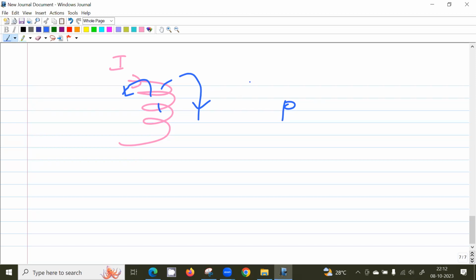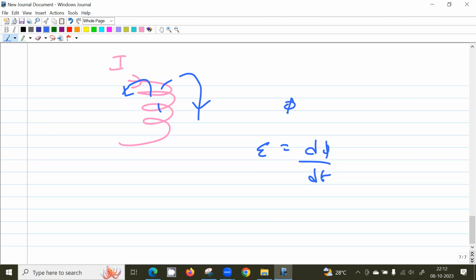So this is flux phi, which is produced by this current and will link the same coil. So the EMF induced in this coil due to this flux is d phi by dt.